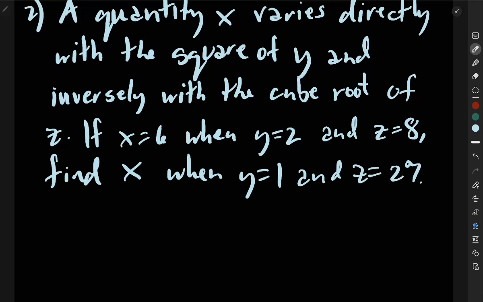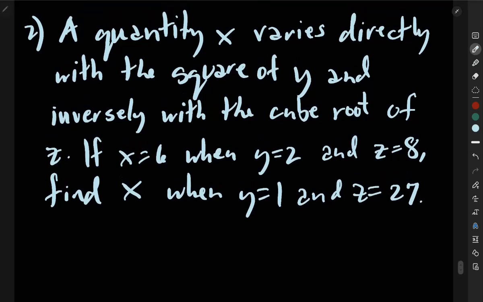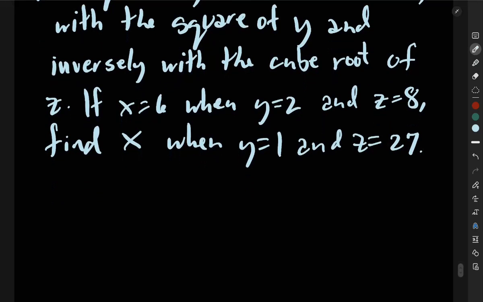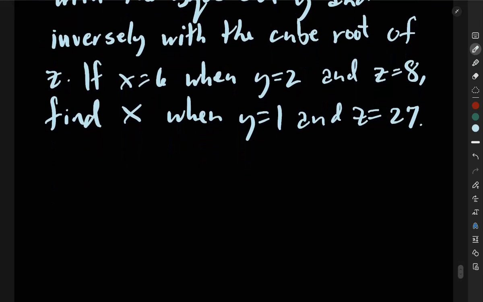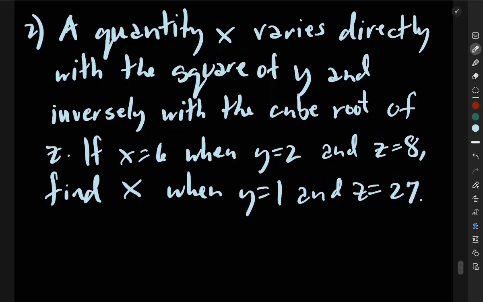So this is 27, by the way. So a quantity X varies directly with the square of Y, not square root, and inversely with the cube root of Z. If X equals 6 when Y equals 2 and Z is 8, find X when Y is 1 and Z is 27. So let's write the equation first.